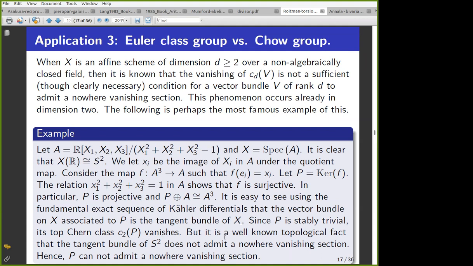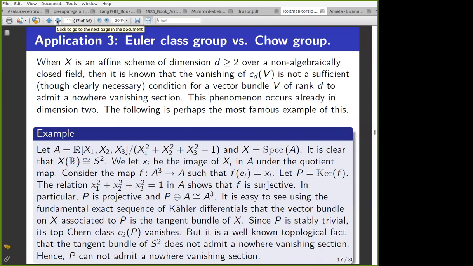But it's a well-known topological fact that the tangent bundle of S^2 does not admit a nowhere vanishing section. Hence P cannot admit a nowhere vanishing section, because if you have an algebraic nowhere vanishing section, even topologically it's a nowhere vanishing section, which doesn't exist. Actually, I don't know any algebraic proof of this fact. It follows from some topological fact. So I still don't know if there is an algebraic proof of this.